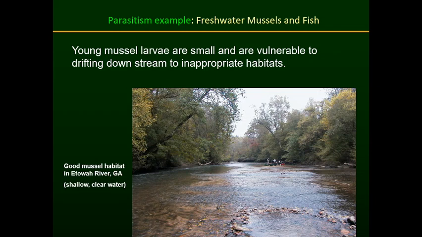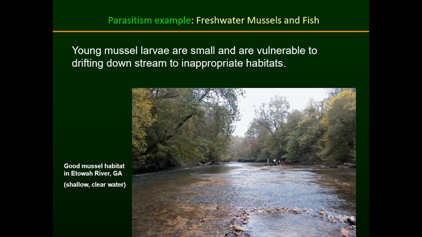When mussels reproduce, because they don't move around very quickly, they mostly only move a few inches to a few feet during the course of a year. It's really hard for males and females to find each other. So they basically skip all that complexity by releasing their gametes, their egg, into the water.